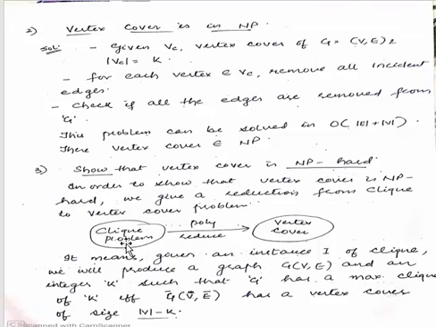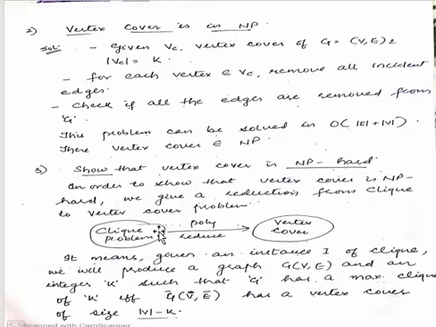Now here I have taken the clique problem. That clique problem will be reduced to the vertex cover problem in polynomial time. If I am able to do this, then I can say that vertex cover is NP-hard, as I have already shown you that the clique problem is an NP-hard problem.